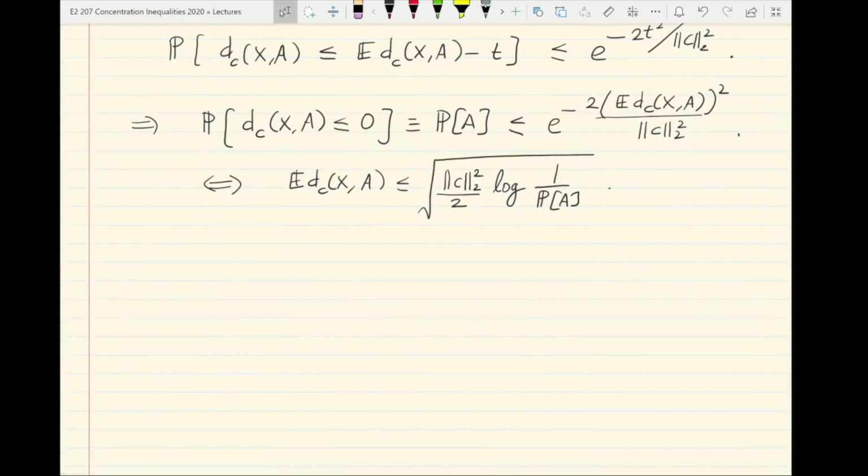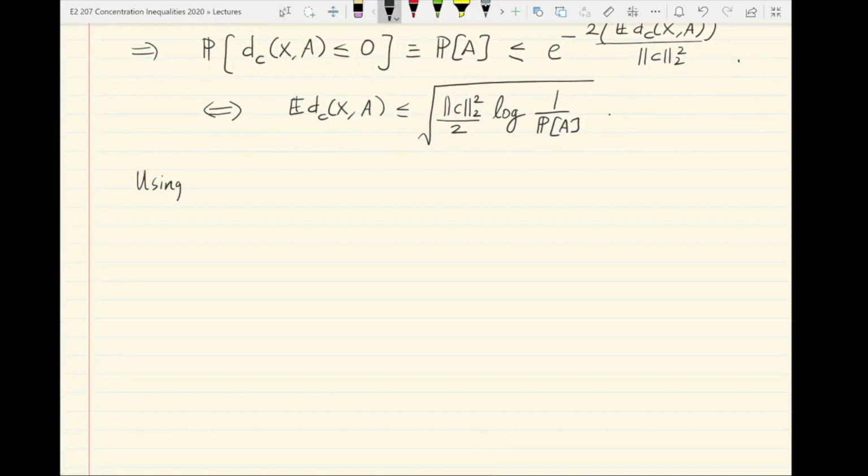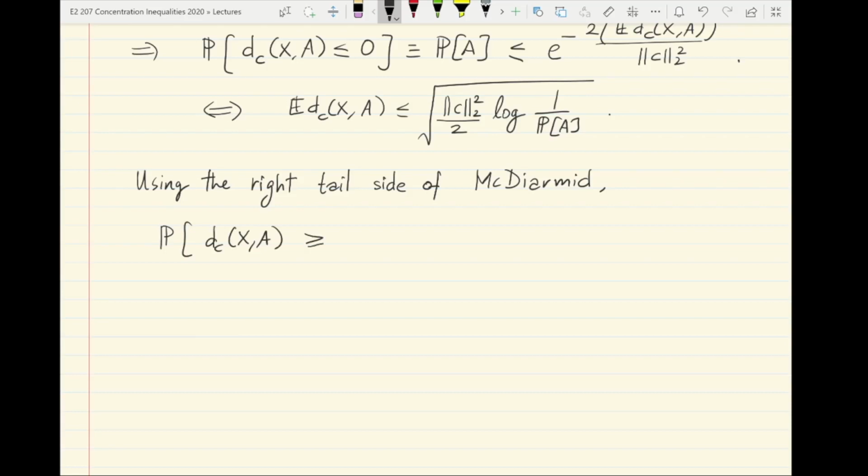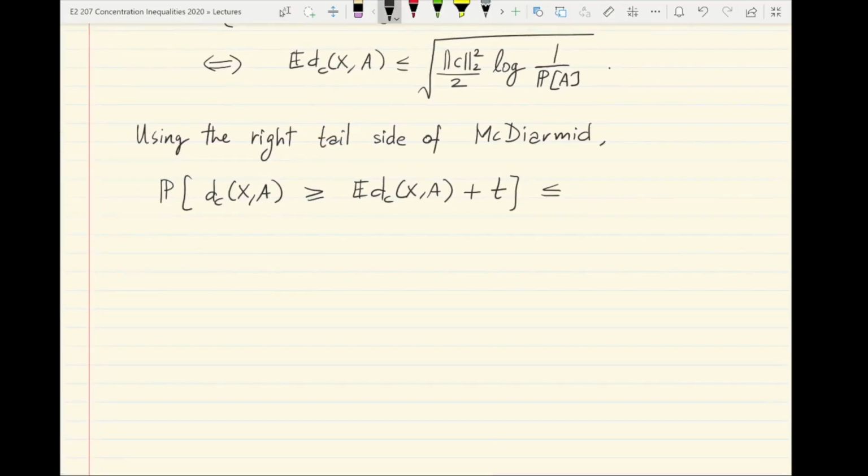Okay, and now we can use the other direction, the right tail side of McDiarmid. For the same function g, you basically get that the probability of dcxa exceeding its expected value by an amount t is upper bounded by e to the minus 2 t square by norm c square.